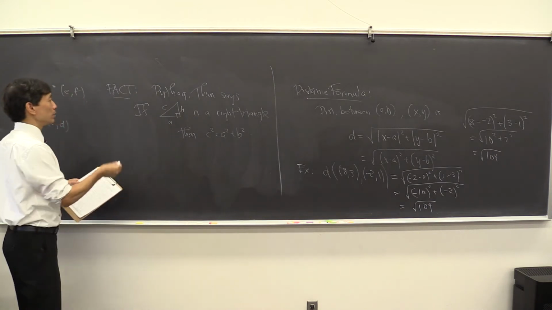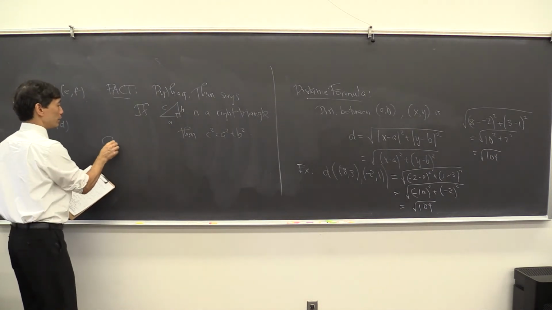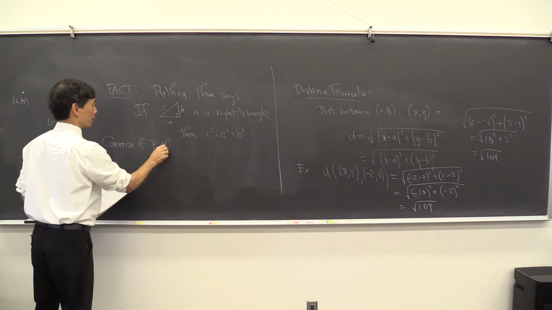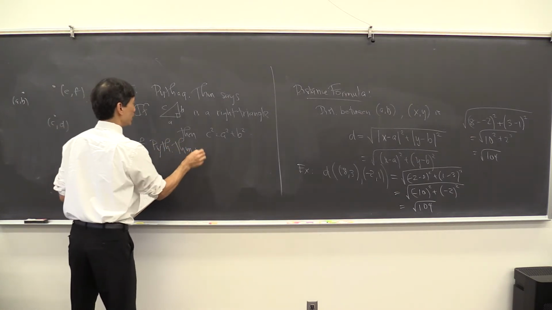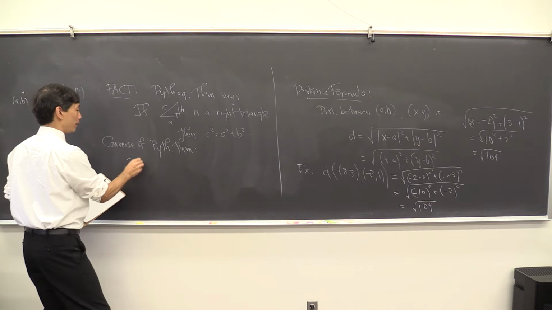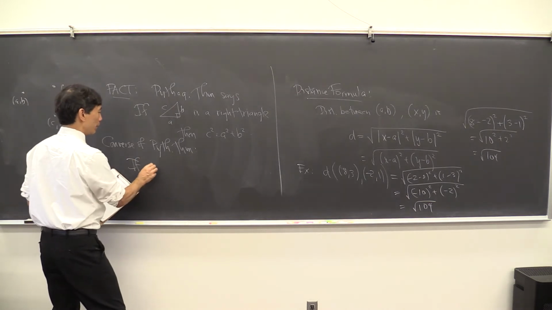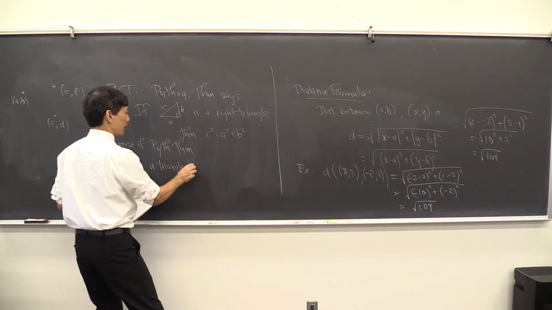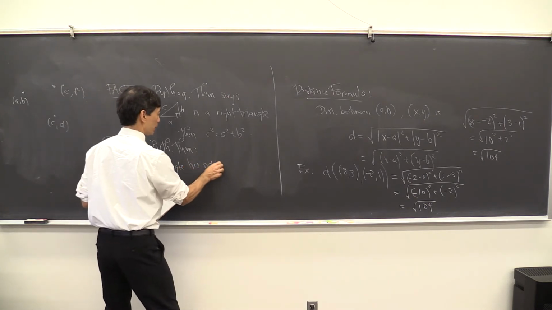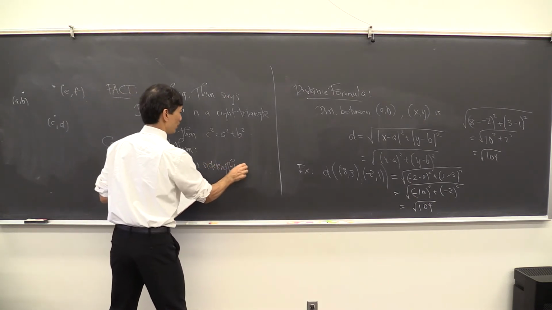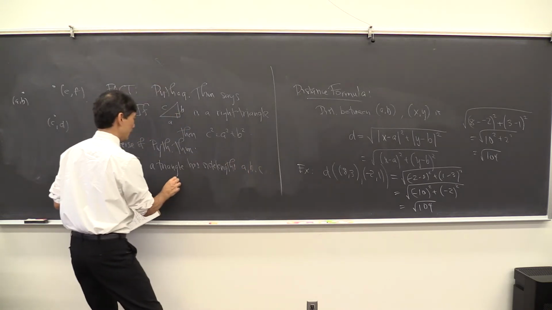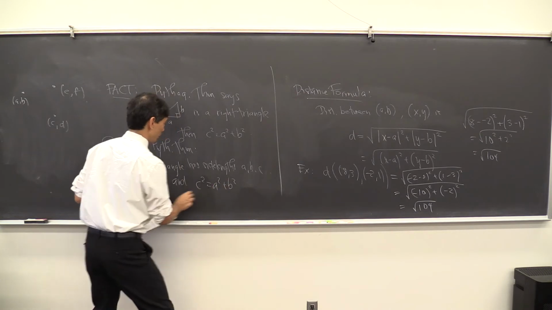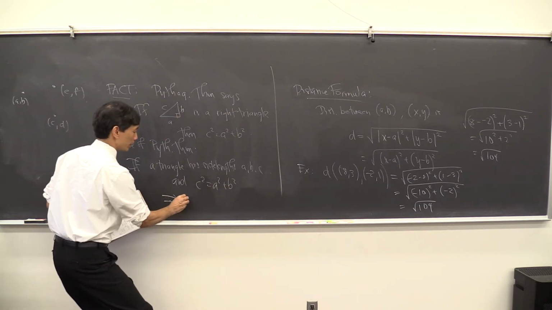But there's also something called the converse of the Pythagorean theorem, that says the opposite. If a triangle has side lengths A, B, C, and c squared equals a squared plus b squared, then it has to be a right triangle.